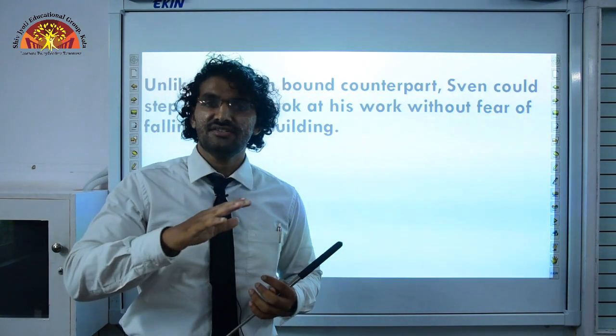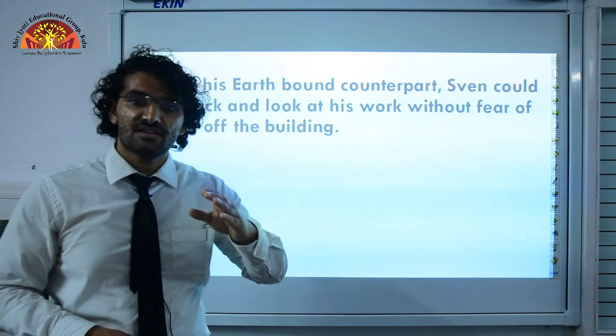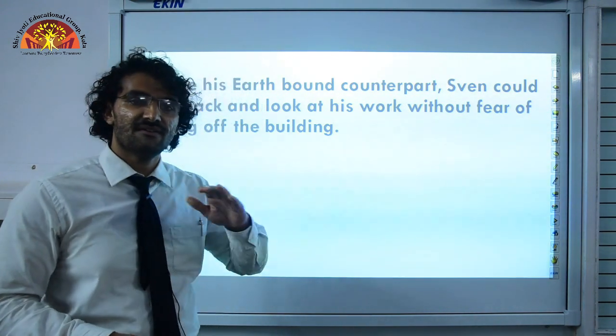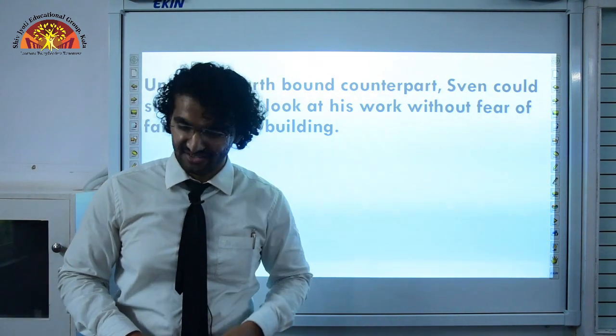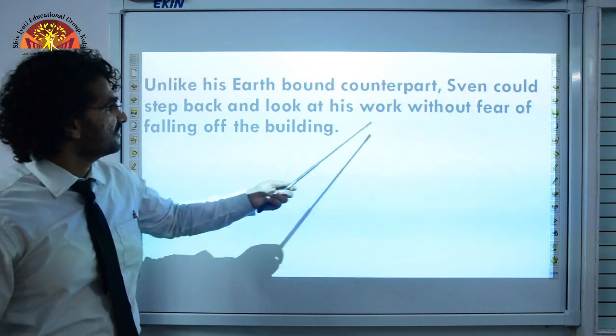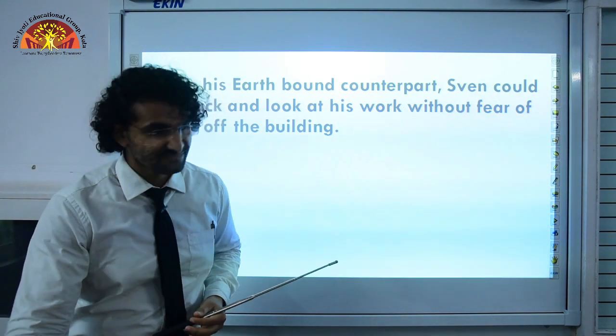But here this is not the case. On the space station, since gravitational force does not work, Sven is not afraid of heights, and there is no fear in him of falling off the building, quite obviously.